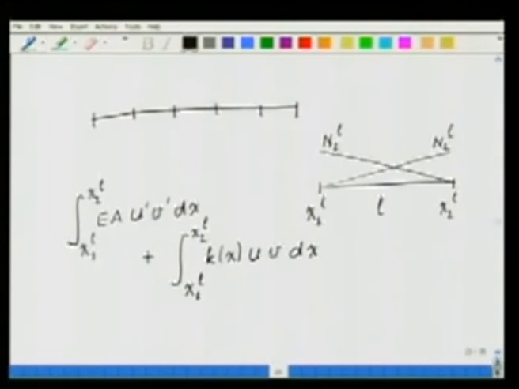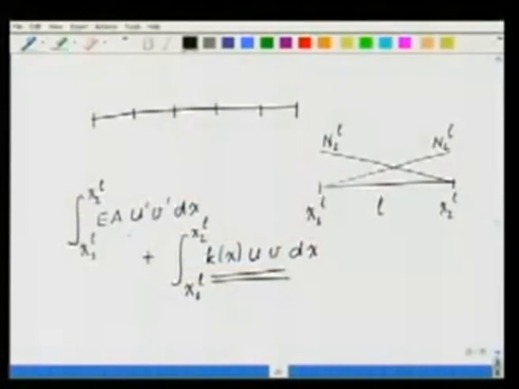The load vector side remains the same. So this part is now an addition. So for what do we do? So we replace this, wherever u is there, we will do u is equal to phi I or phi I plus 1, and similarly v is equal to phi I or phi I plus 1.